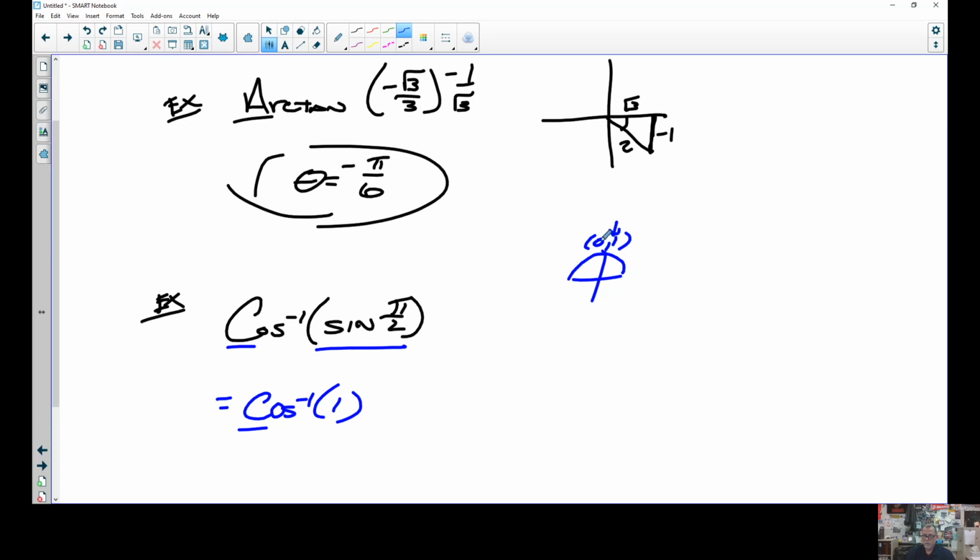And where is cosine equal to 1? I'm sorry, the x value equal to 1 would happen here, wouldn't it? Where we're at 1, 0. So the angle whose cosine is 1 in this interval from here to here would be right here at 0. So this theta, in this case, is 0.